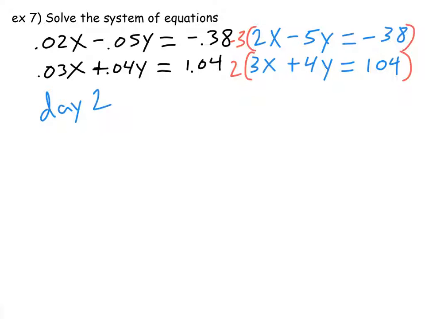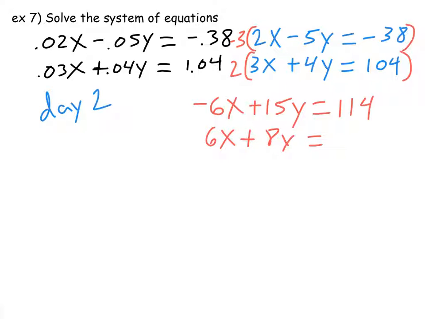So on my top one, that would give me negative 6x plus 15y equals 114. And then down on the bottom, I would get 6x plus 8y equals 208.